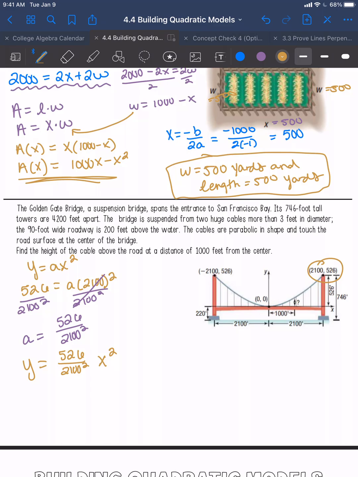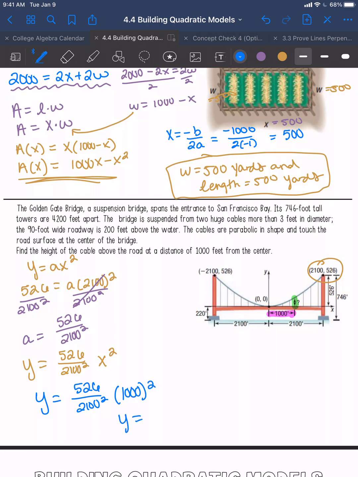And the question is, find the height of the cable above the road at a distance of 1,000 feet from the center. Well, 1,000 feet from the center, that's our x value. We're trying to figure out that y value there. So we are going to take the 1,000 and plug it in for x. So y equals 526 over 2100 squared times 1,000 squared.